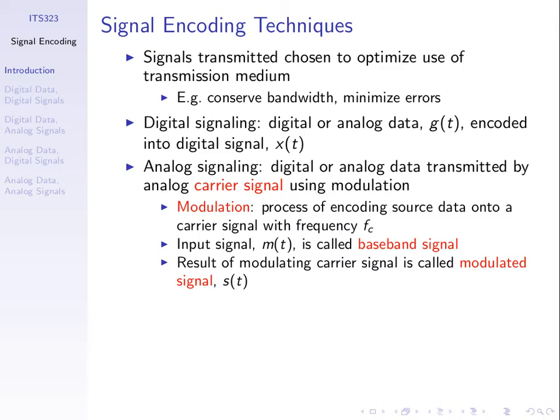Now we will distinguish between two types of signals, digital and analog. So when I transmit a signal from A to B, we would say it can be either analog or digital. And we know the difference. We've seen some plots before, an analog signal and some digital signal.